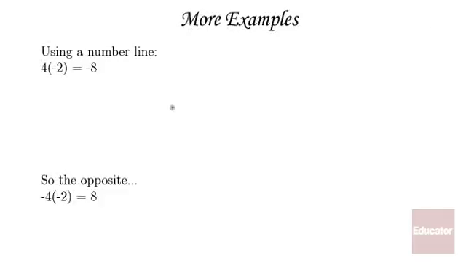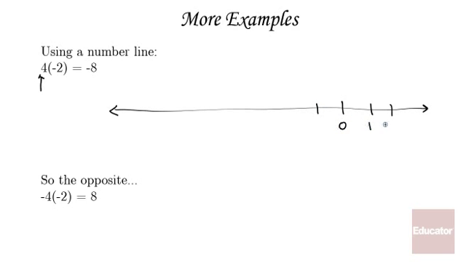Here's another example using a number line. This is asking for 4 groups of -2. Here's my number line. I call this 0, 1, 2.